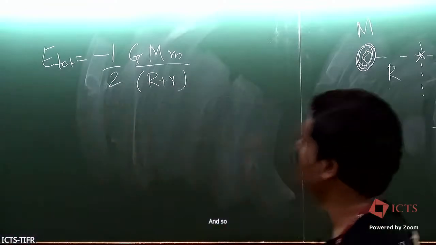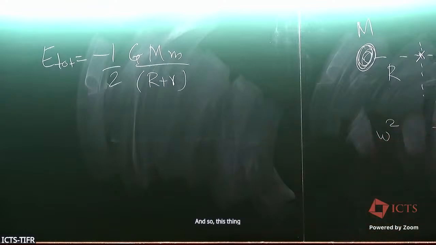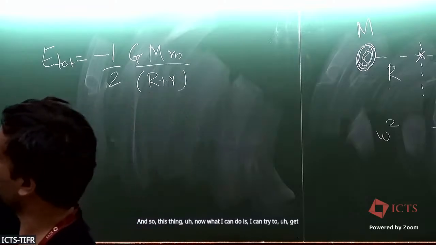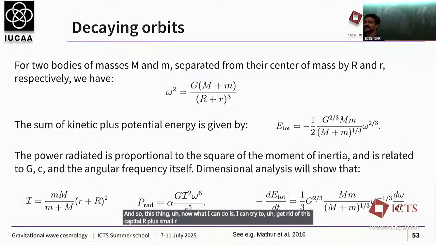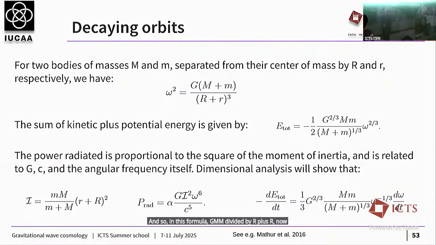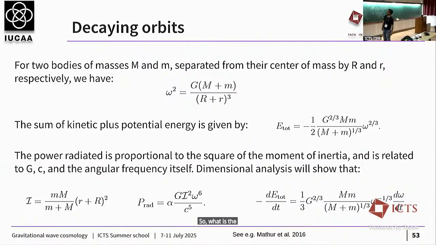And so now what I can do is try to get rid of this capital R plus small r and establish the total energy in terms of the frequency of the orbit itself. In this formula, GMM divided by R plus r, I'm going to substitute. So what is the R plus r?